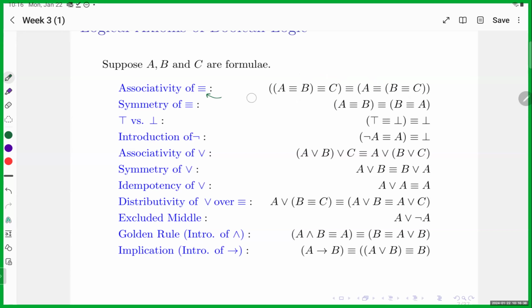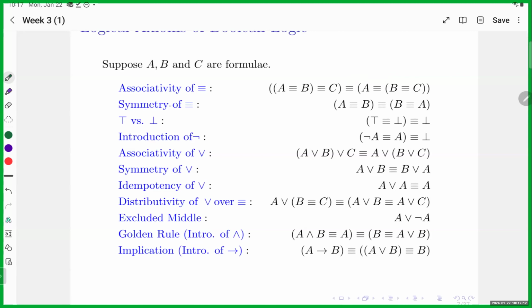That means if you applied the operation A is equivalent to B first, and then took the equivalence with the formula C, it is equivalent to, if you apply the operation between B and C first, and you found the formula B is equivalent to C, and then took the equivalence with A. So the operation of equivalence is an associative one.